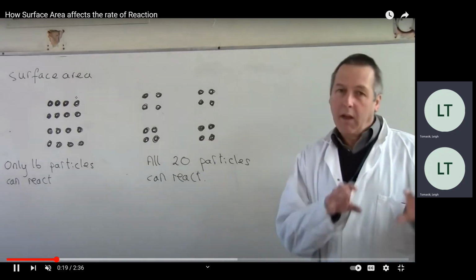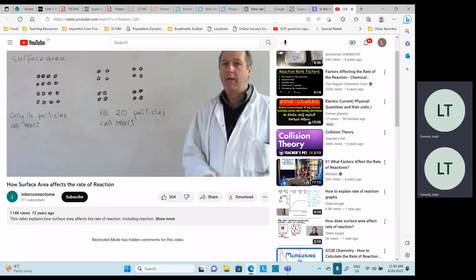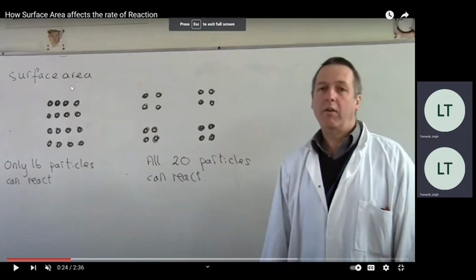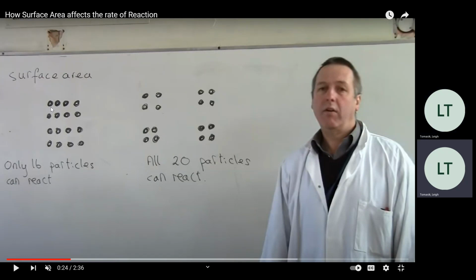On the left side, we imagine this is submerged in an acid. So the particles on the outside can interact with the acid particles. The acid particles are like the whiteboard, the white area around it.